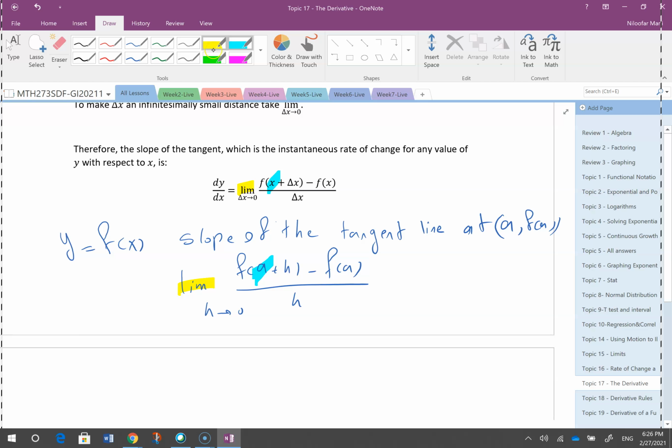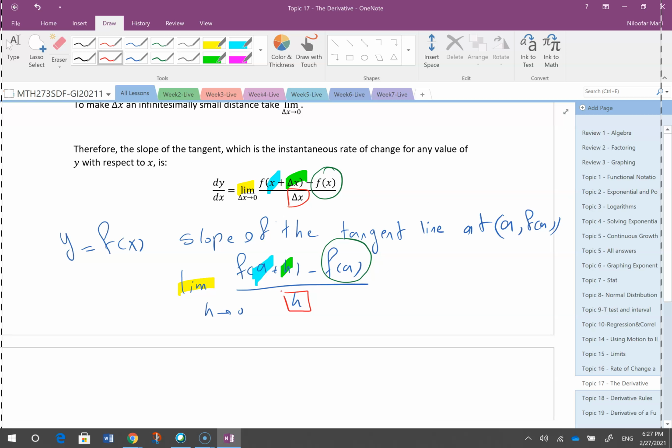So I'm going to use h. Because I have the general case x, instead of f of a I use f of x. Here delta x is a change, and here h. So we define what we said in topic 14 and topic 16.